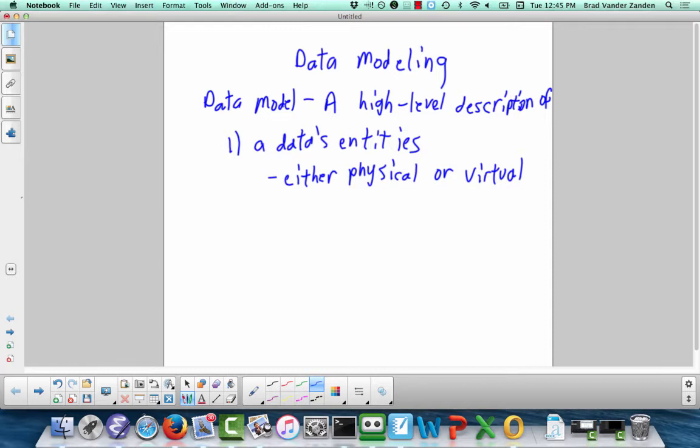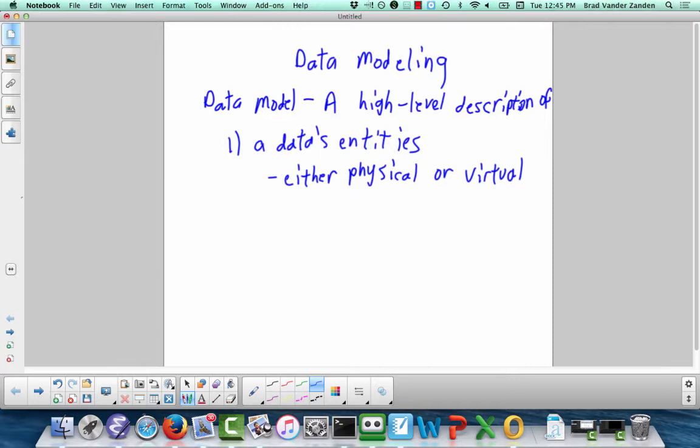If this was some kind of game like, say, Warcraft, then your characters would be entities, even though they're virtual rather than physical. So that's the very first thing you do when you're setting up a database: you identify the specific entities, okay?